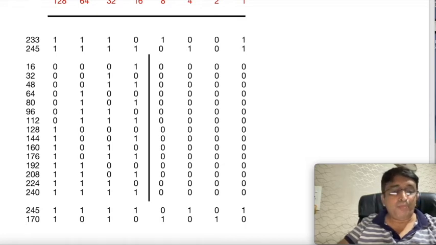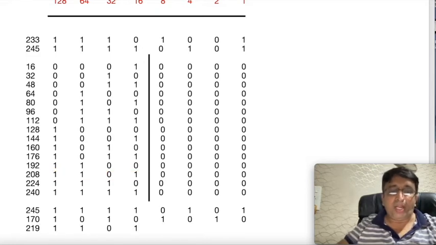Let's find one more. Let's get something difficult, okay, 219. So for 219, again I'm supposed to check which value comes prior to 219. So 208 is the one. 208 is 1101, that's the first nibble.